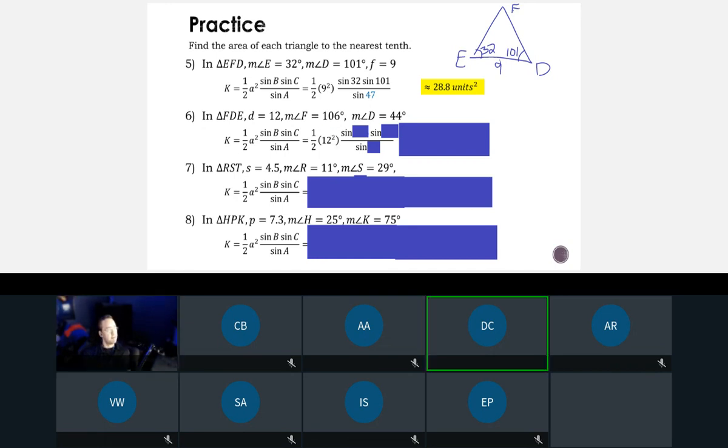Okay. 12. Okay. So those 3 people, what goes in the bottom? Sine of what number? So Antonio says 30, Danica says 30. So we think it's 30.